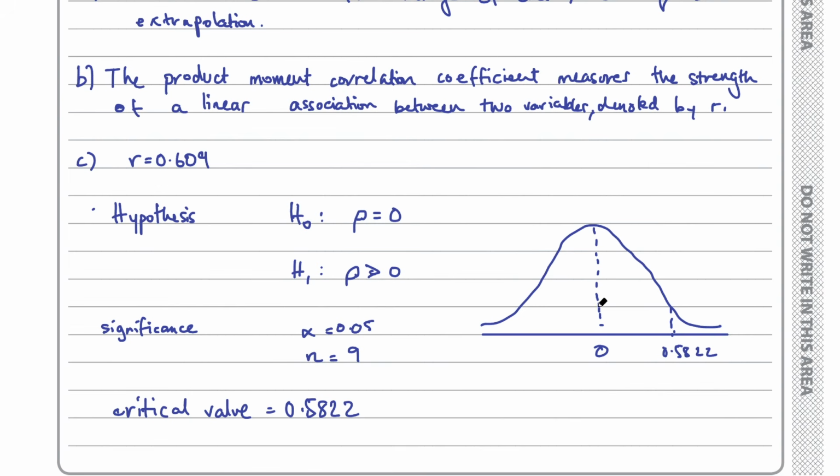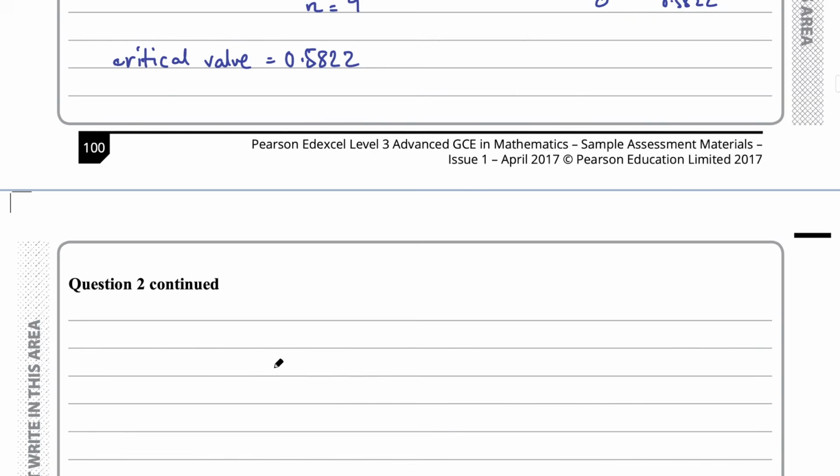So we'd expect, if it was 0, for the values to fall in here somewhere. But we have an R of 0.609, which is actually over here, greater than our critical value. Which means, based on our hypothesis test, we have evidence to reject the null hypothesis. So we can state that to finish this off.